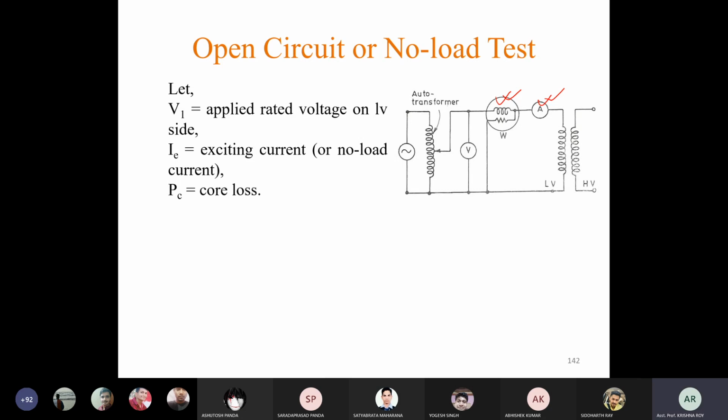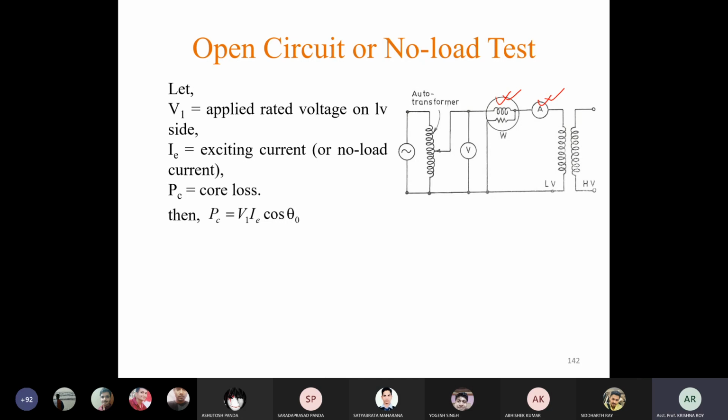Okay, so using these 3 readings, let us see what we can calculate. PC is equal to V1 IE cos theta 0. That means the core loss is equal to voltage into IC.